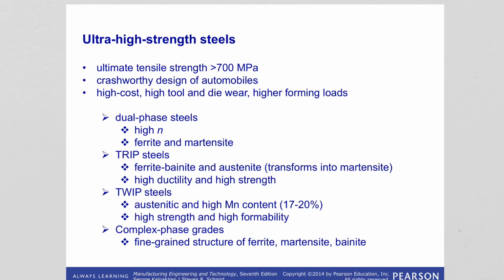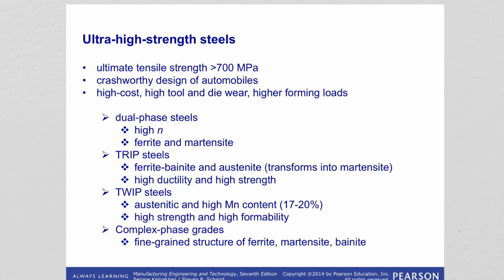They have both high strength and high formability. These combinations, such as high ductility and high strength, are not very easily attained, but these steels are engineered in a way to provide us both the strength and the ductility.